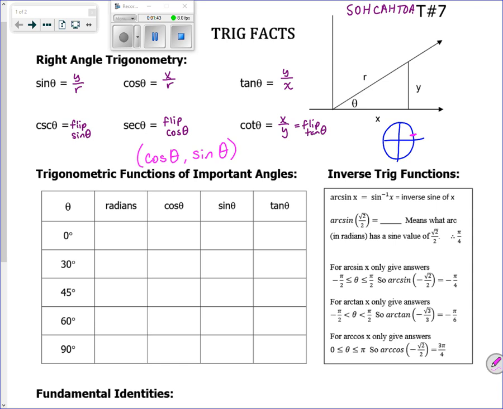If you visualize pi over 6, which is 30 degrees, you're saying the x and the y. I remembered that the x was the longer one, so the x is square root 3 over 2, and the sine is 1/2.